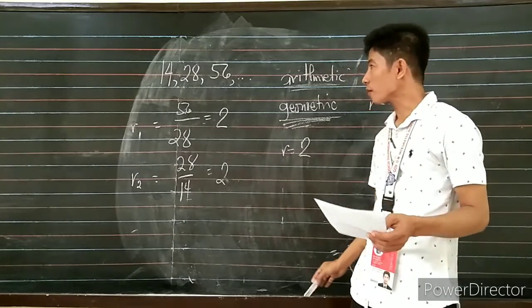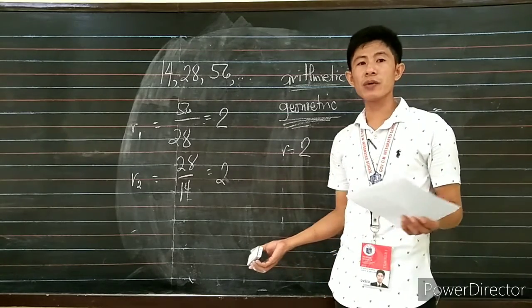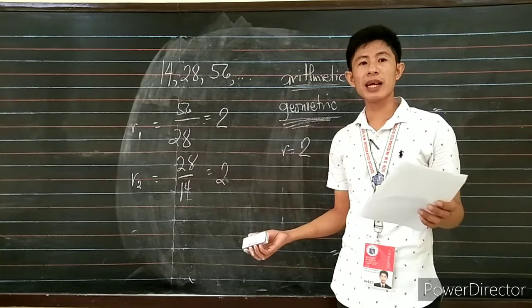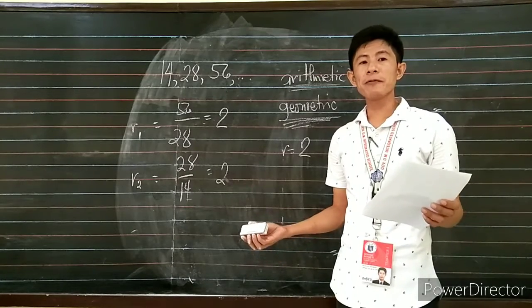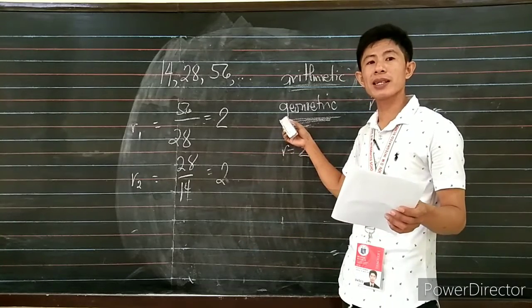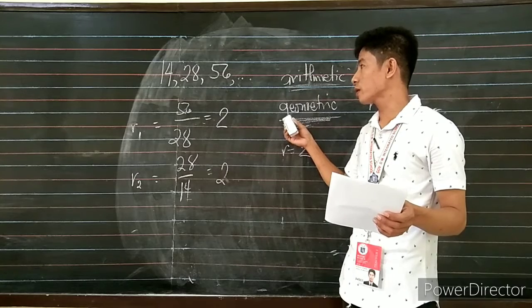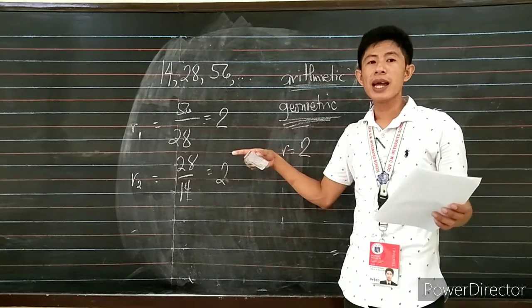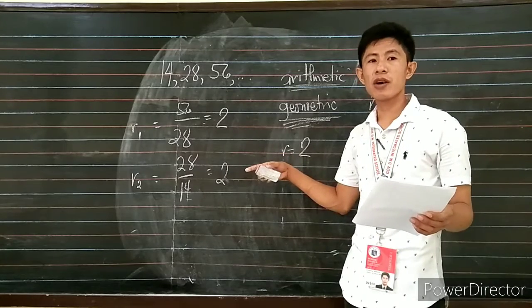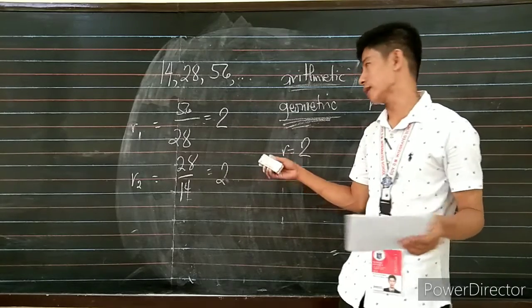Now that you already know the difference between arithmetic and geometric, we will focus more on the geometric sequence. And by this time, we're going to find the common ratio and the next terms of the geometric sequence.